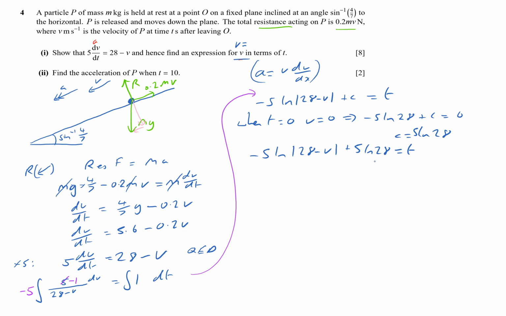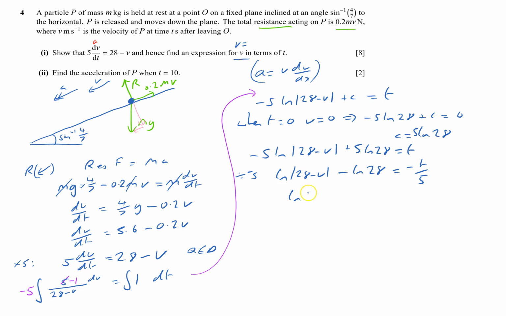The first thing I'm going to do is divide through by -5. That will give me ln of 28 minus v minus ln of 28 equals minus t over 5. I've got a ln subtract a ln, so that's the same as the ln of the quotient.